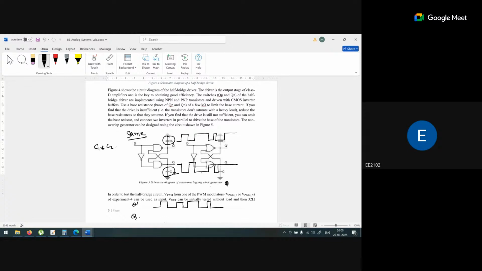In the case of Q, we are getting a different wave, because the capacitor values are different, so we get different charging and discharging. So that's why we get two outputs that are nothing but a PWM wave with no overlap.